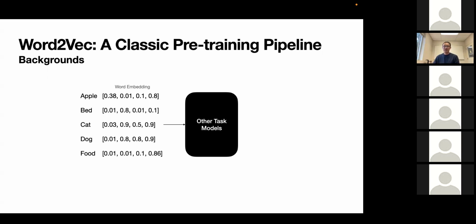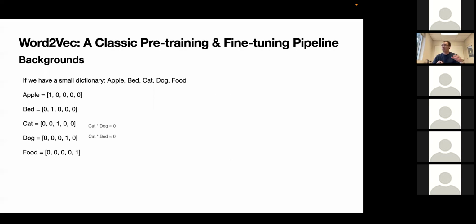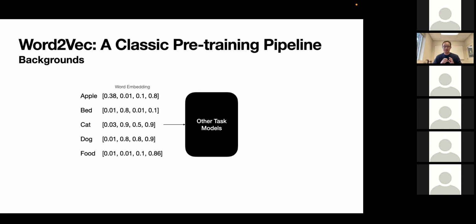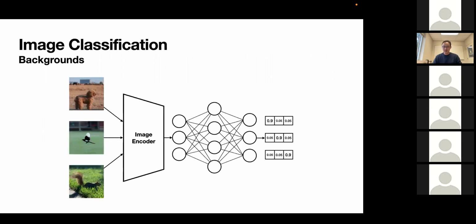Using these word embeddings gives better performance than one-hot vectors, because they carry more meaning of words and can represent more. This is a pre-training and fine-tuning, or using pre-trained features, pipeline. This is some background about NLP. And the second background I want to introduce is about image classification.